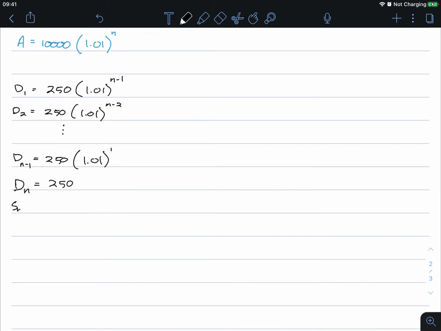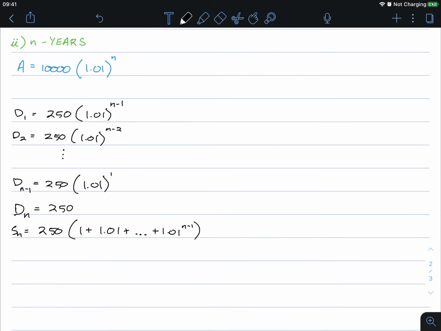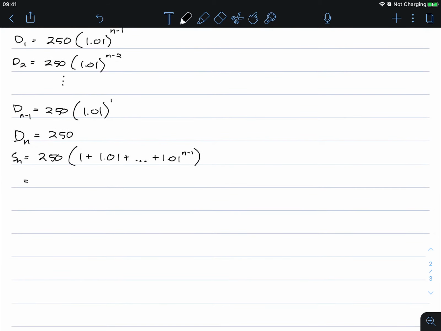Summing all of this together, it became 250 outside of 1 plus 1.01 plus 1.01 to the power of, I apologize, n minus 1. It's always 1 less than the length of the value we've been given. Making this into the sum of a geometric sequence.